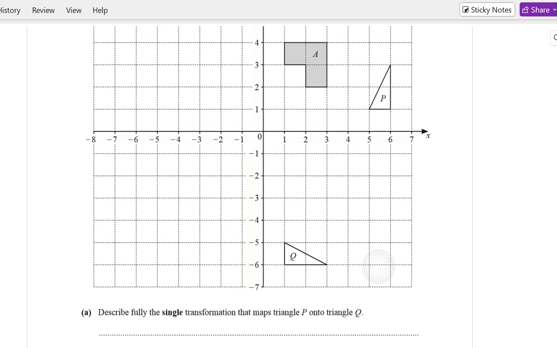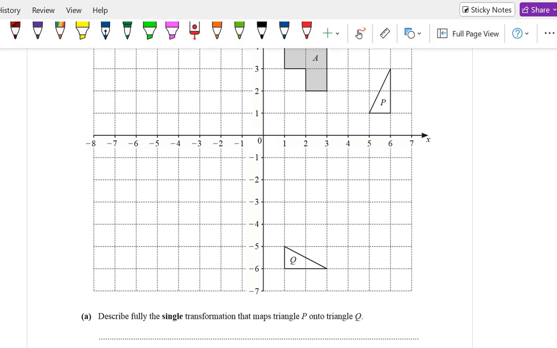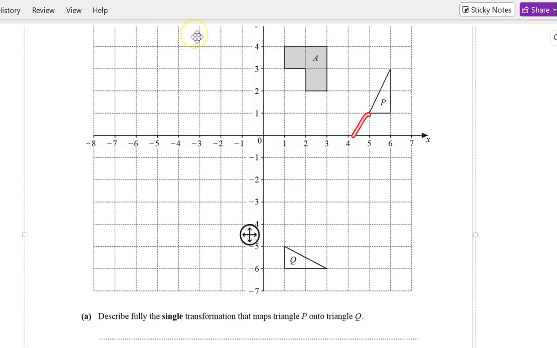P to Q. First of all, let's check whether it's a reflection or not. If it's a reflection, then the lines should be parallel from corner to corner. No, the lines are crossing.